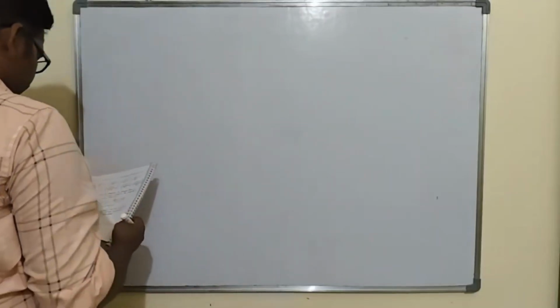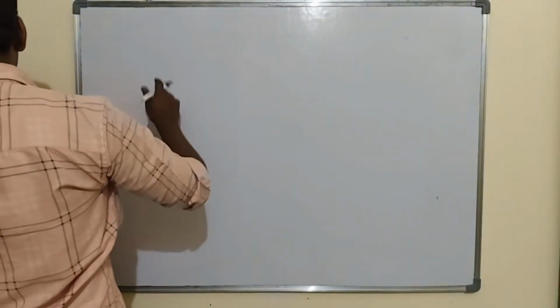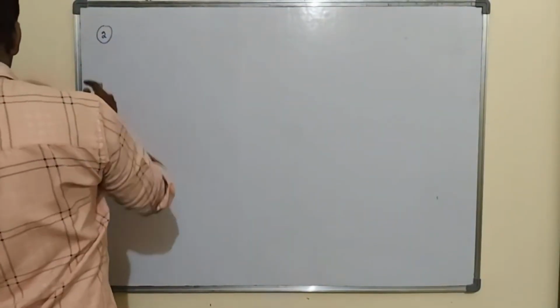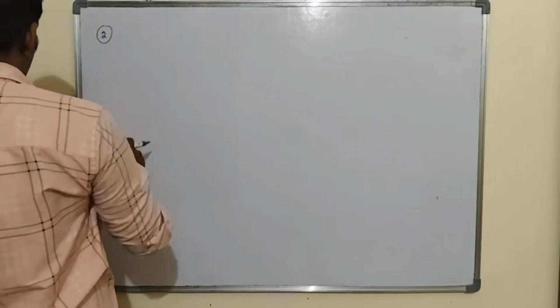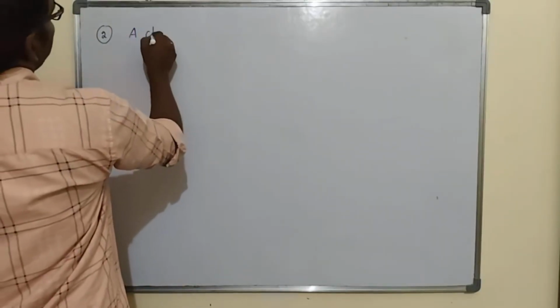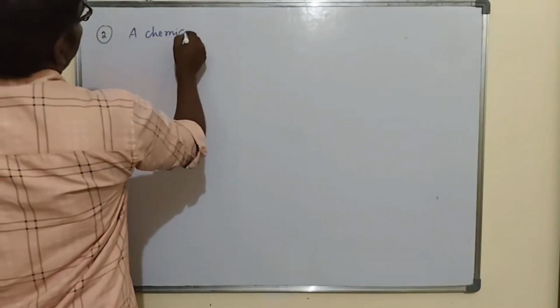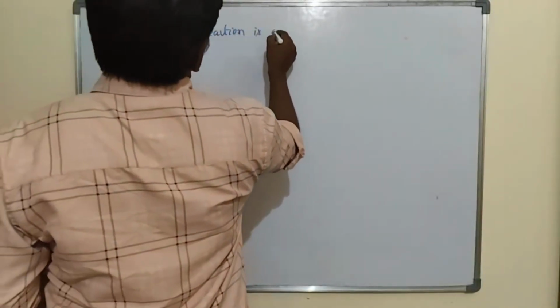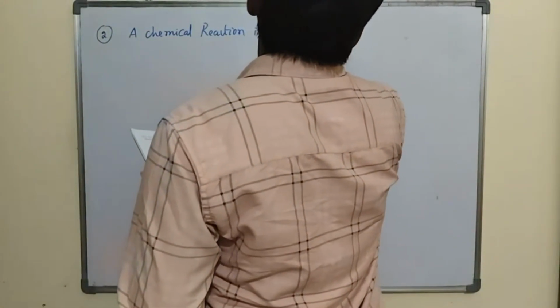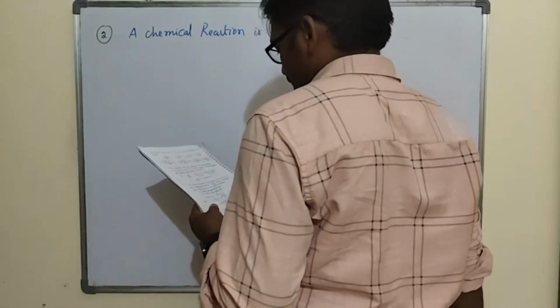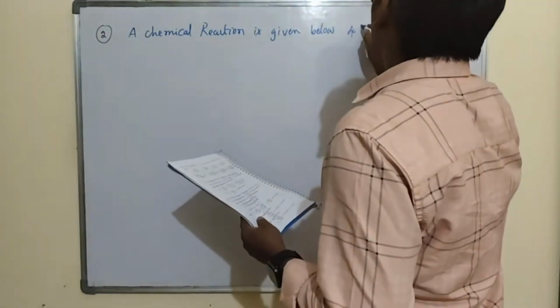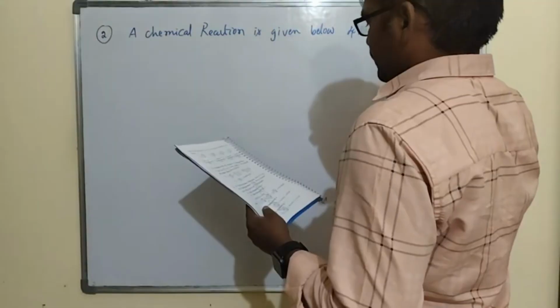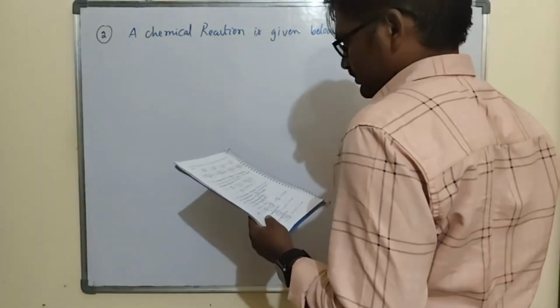A chemical reaction is given below: 4A plus B gives 2C.